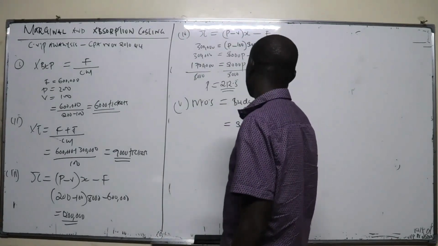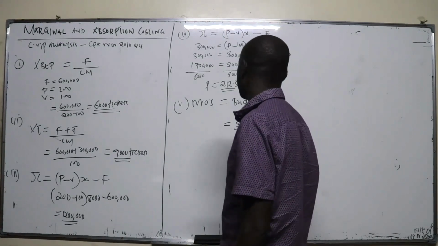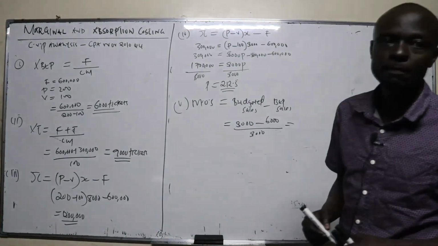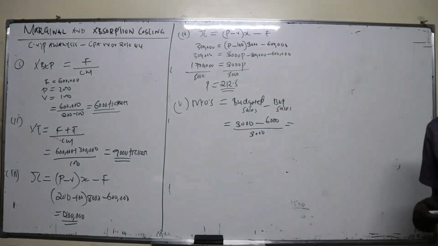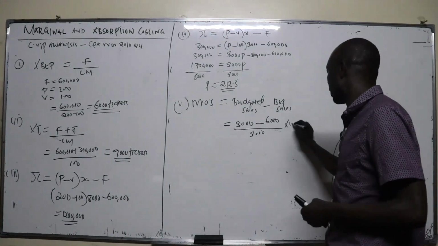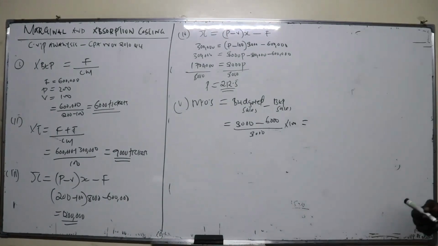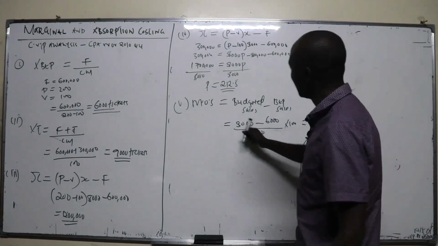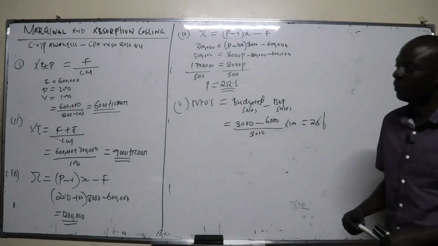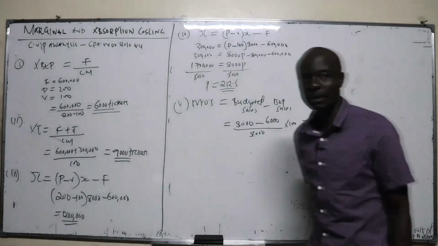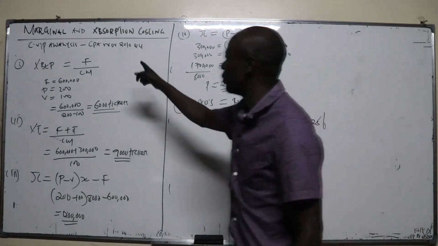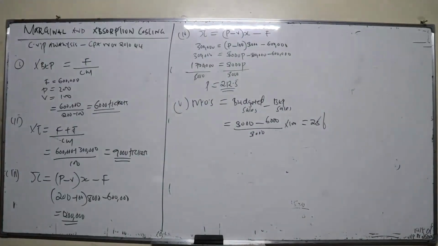So 8,000 minus 6,000 over 8,000, times 100, of course, because they want it in percentage. This is 25%. So 8,000 was the budgeted sales, and the break-even sales was 6,000. That was done in November 2010. So can you write it down before we do another?